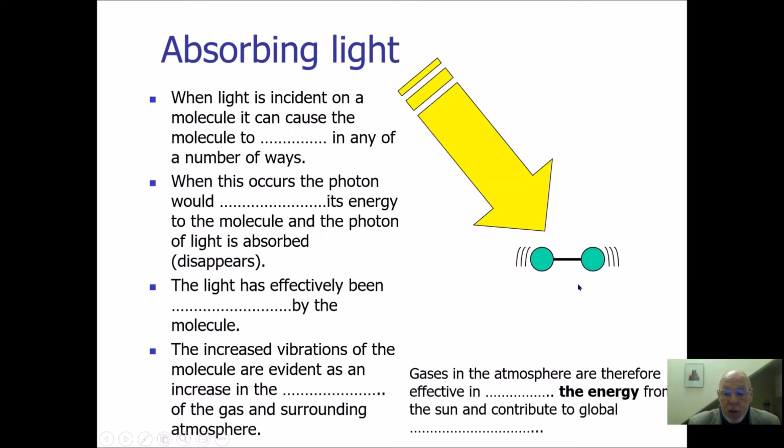So assume this is a little gas molecule that is suspended in the atmosphere, and there is radiation coming from the sun that is incident on this molecule. What actually happens is the molecule can vibrate. This radiation can cause the molecule to vibrate. And as the radiation causes the molecule to vibrate, the radiation is then absorbed by this molecule.